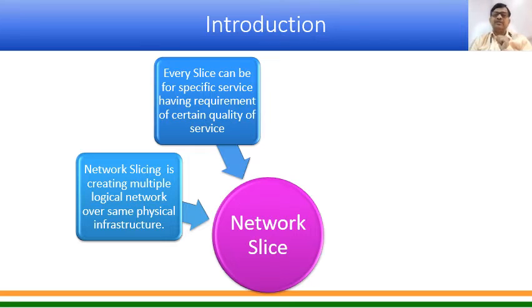Or suppose I'm offering a smart meter service, then my network slice, that logically partitioned network, will be for that particular smart meter service. Every such service will require a certain specific quality of service, so there will be a requirement of a specific quality of service for that particular slice.